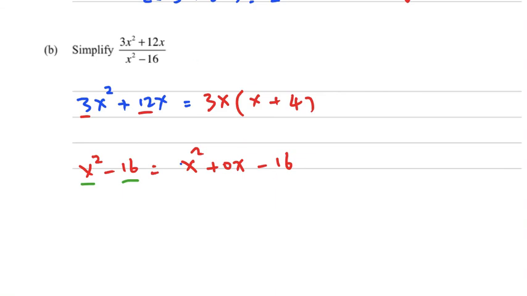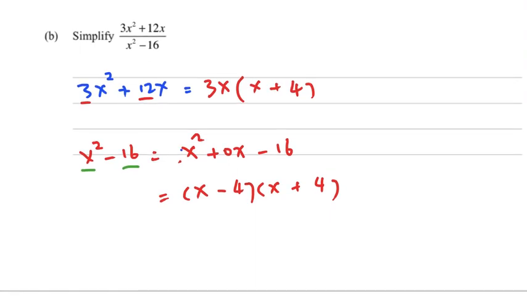We're going to break that into brackets. Because the coefficient before x squared is 1, I'll just use x and x over there. And looking for 2 numbers that multiply together to give you negative 16 and add together to give you 0. It has to be 4 and 4, and then one of them negative, one of them positive.